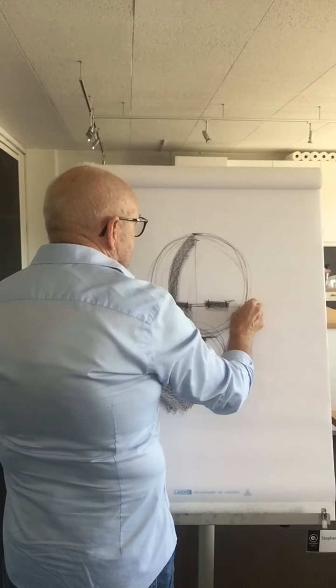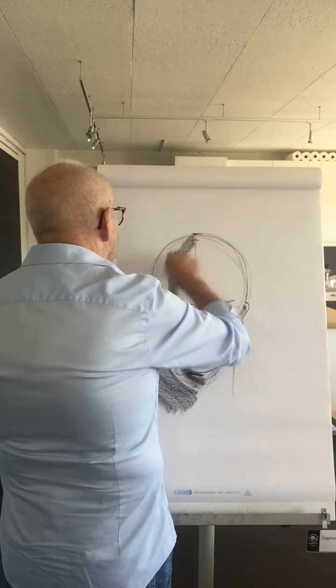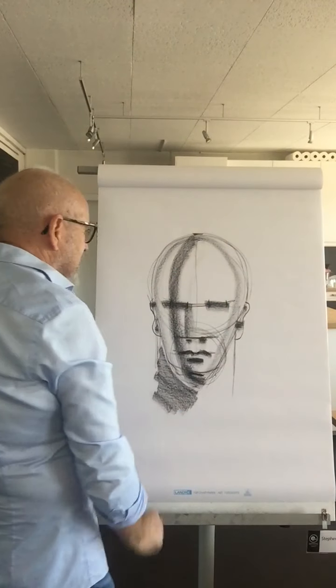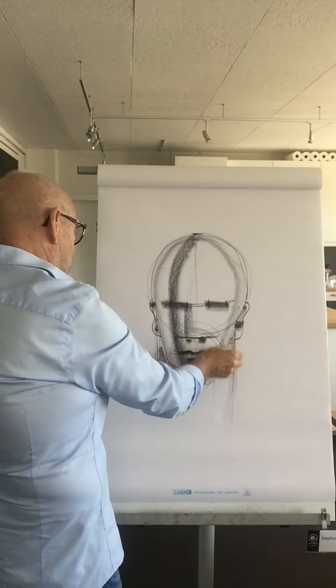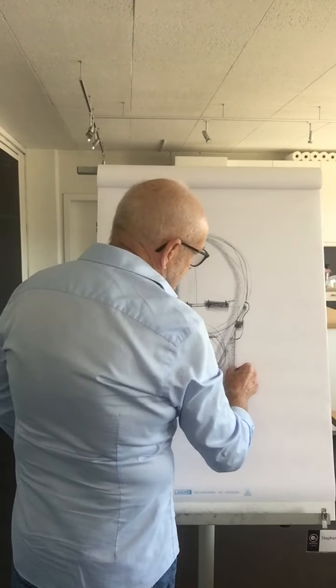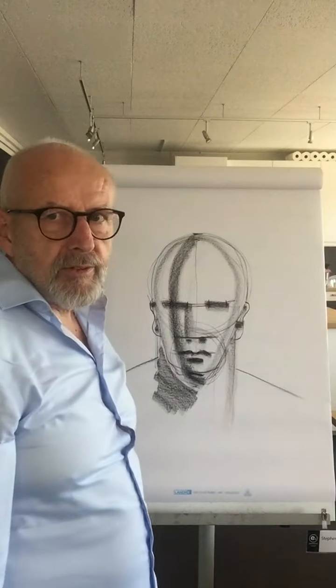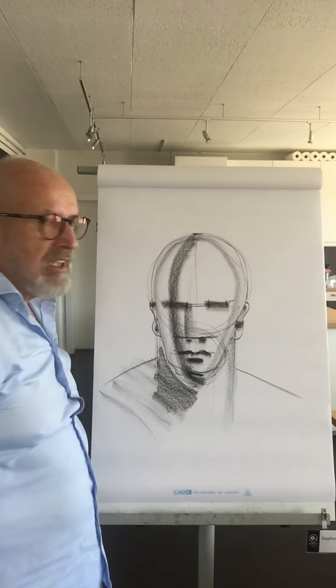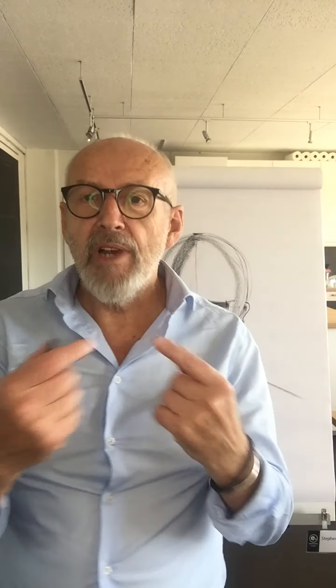Of course, a little bit of shadow in some of the dark areas, a little bit of shading around the edge, a little bit of shading down that edge. Shoulders, and already we haven't put any features in yet, but you're beginning to get that feel of the human head.